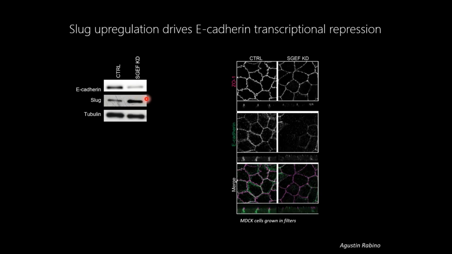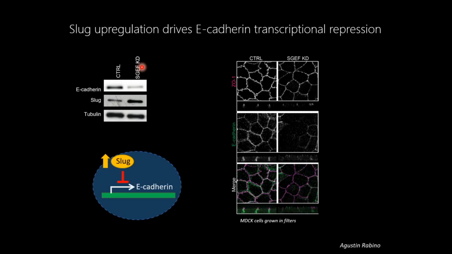To make sure that SLUG was the factor actually responsible for downregulating E-cadherin, we did the following experiment. We silenced the expression of SLUG in this cell line, so we make double knockdown cells that are SGEF knockdown and SLUG knockdown. If SLUG is responsible for downregulating E-cadherin, and we silence SLUG, then we should rescue E-cadherin expression.